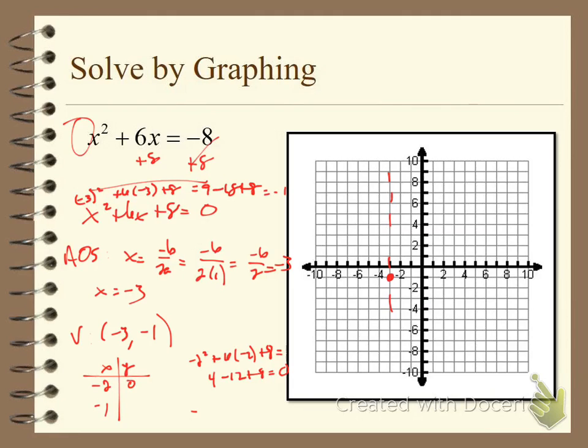And if you're paying attention, you already know what one of the solutions is. So negative 1 squared plus 6 times negative 1 plus 8 gives us 1 minus 6 plus 8, which is 3. So we go negative 2, 0, negative 1, 3.